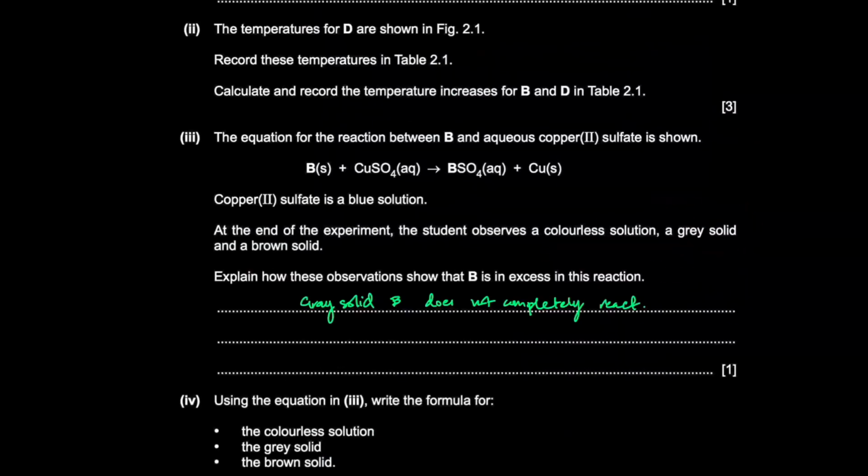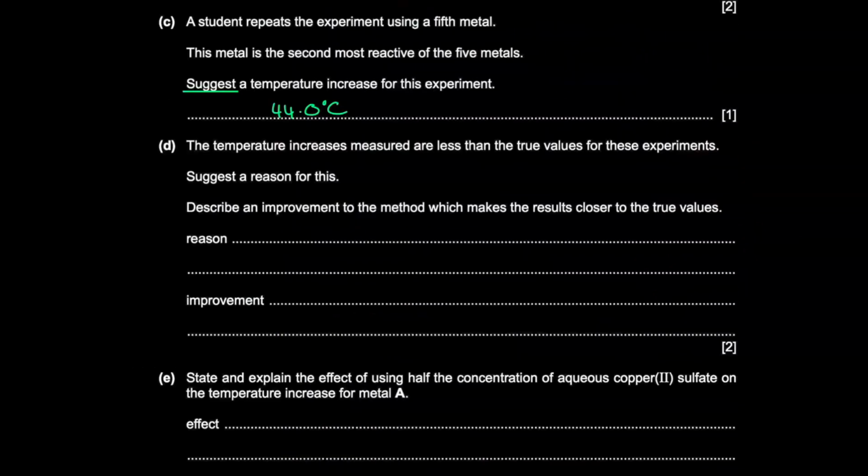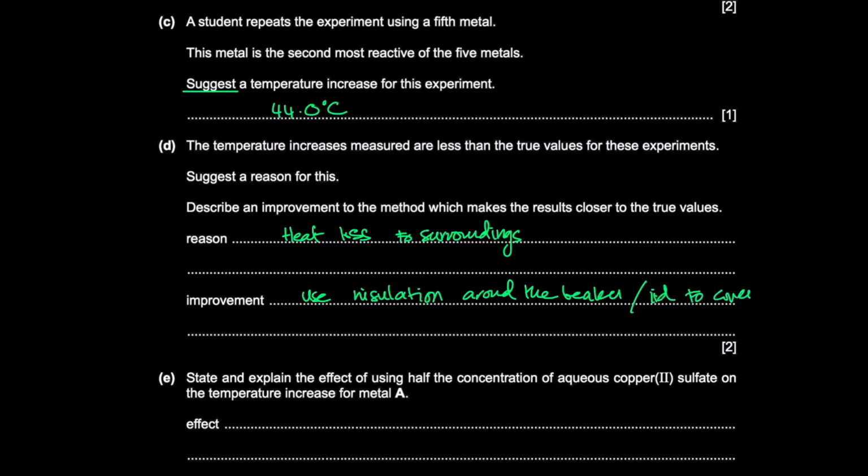So the reason is heat loss to the surroundings, and the improvement is to use insulation around the beaker. Or you can say you can use a lid, cover the beaker.